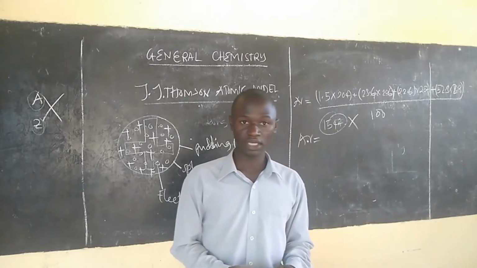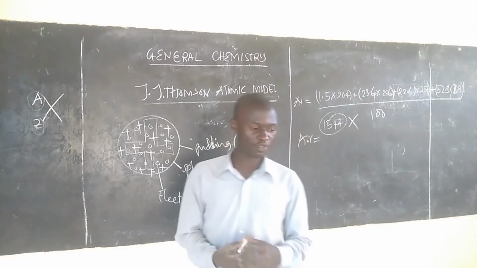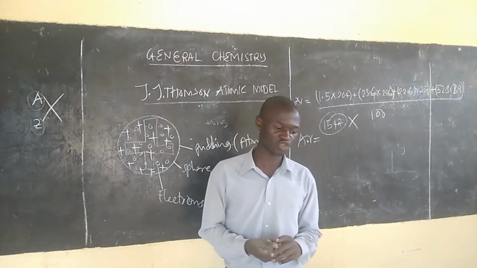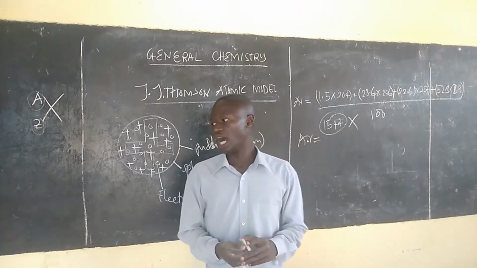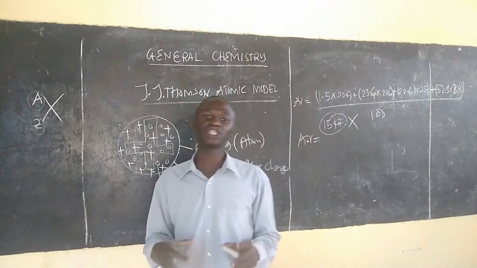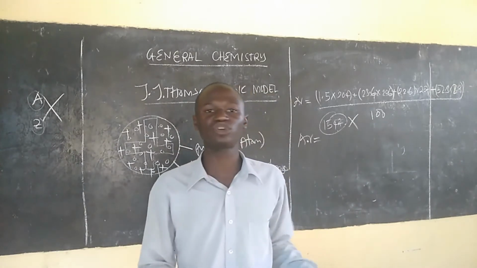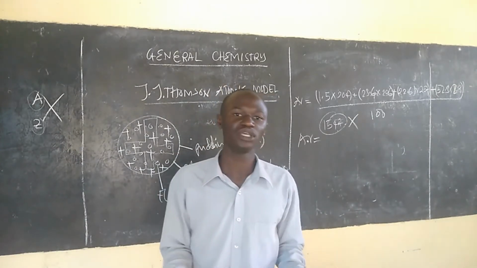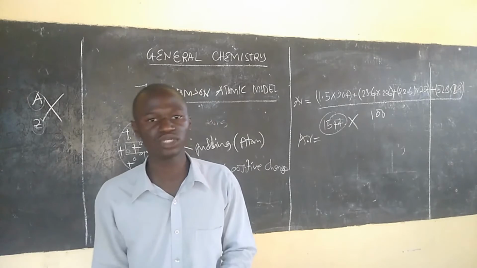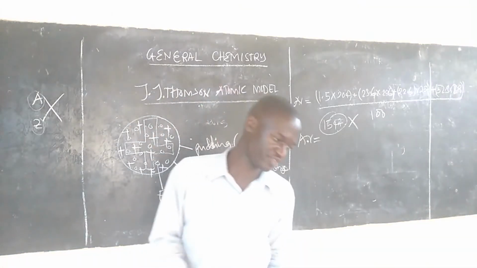We are studying about the J.J. Thomson atomic model. So first he tried to explain how these subatomic particles were arranged. Alisema tu kwamba positive charge ziko kama sphere, electrons ziko embedded kama seeds in watermelon. Yani, he was not specific at all.